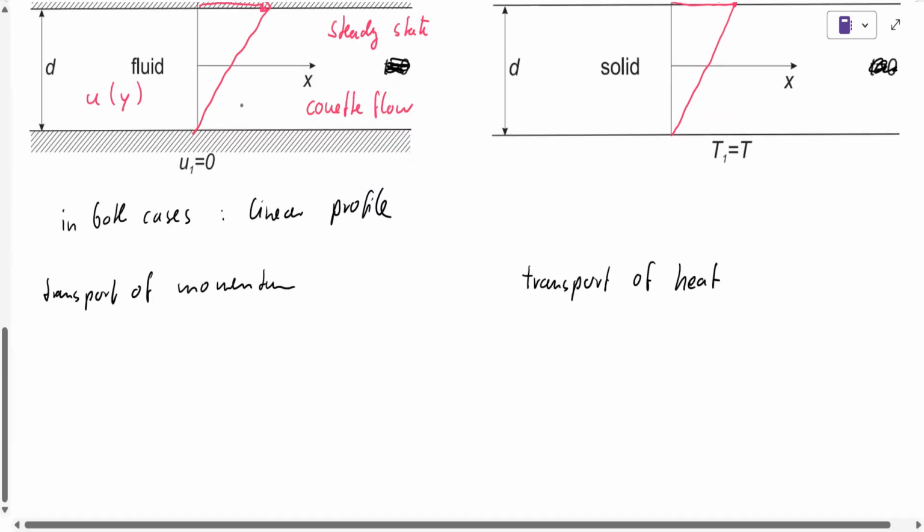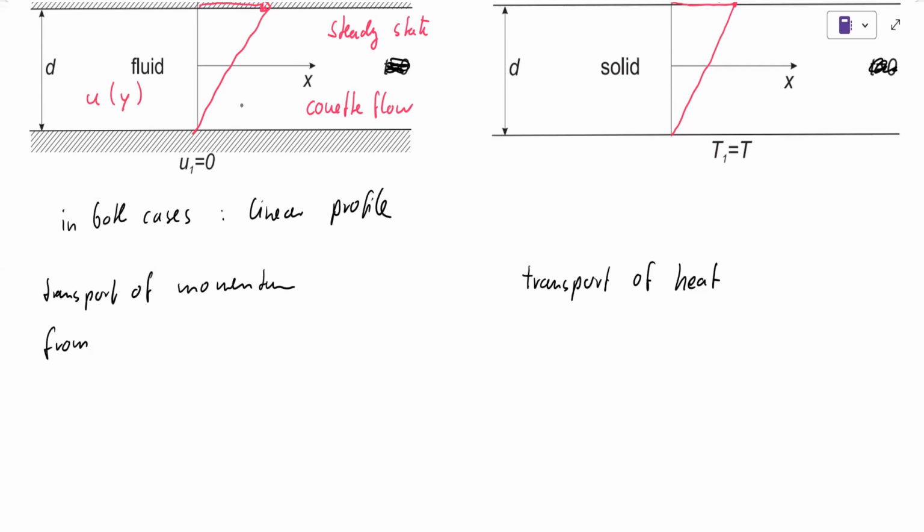And from the left-hand side, we see that the transport of momentum is from regions with a great velocity to a region with a very small velocity.